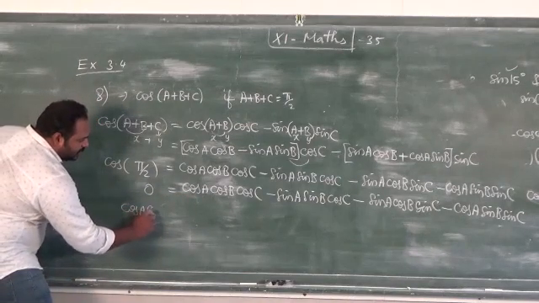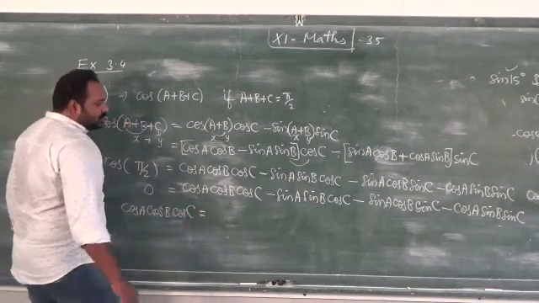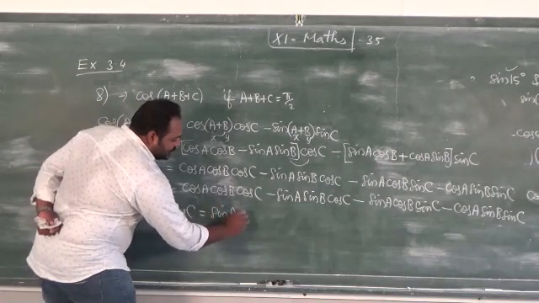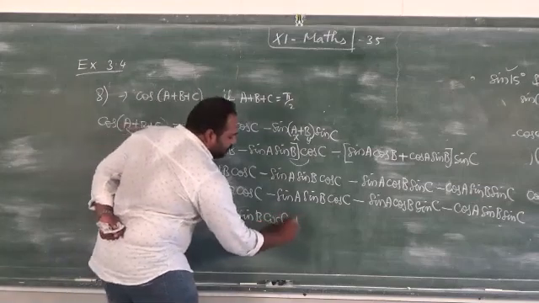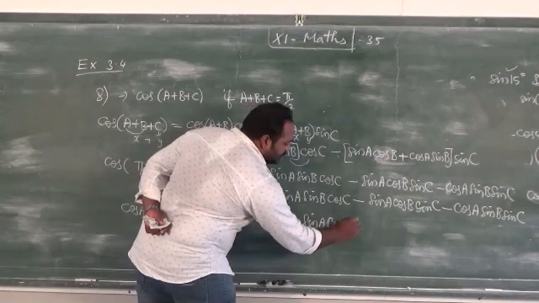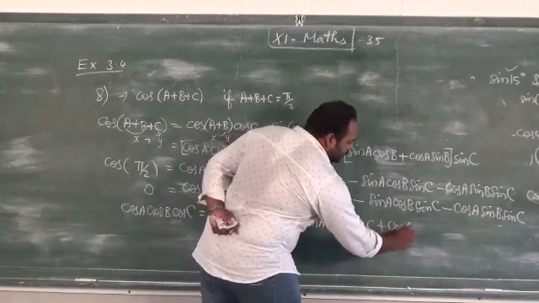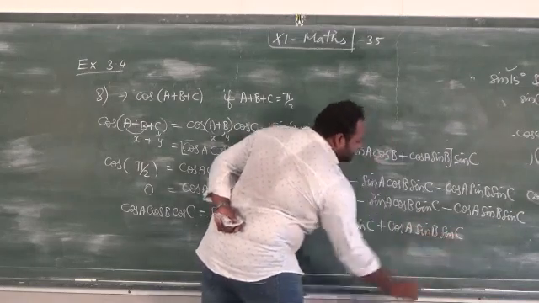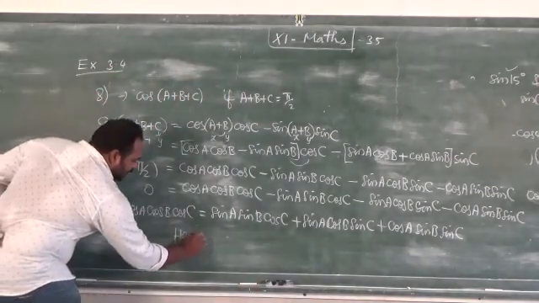So cos a cos b cos c equals sin a sin b cos c plus sin a cos b sin c plus cos a sin b sin c, which is required to prove. So hence proved.